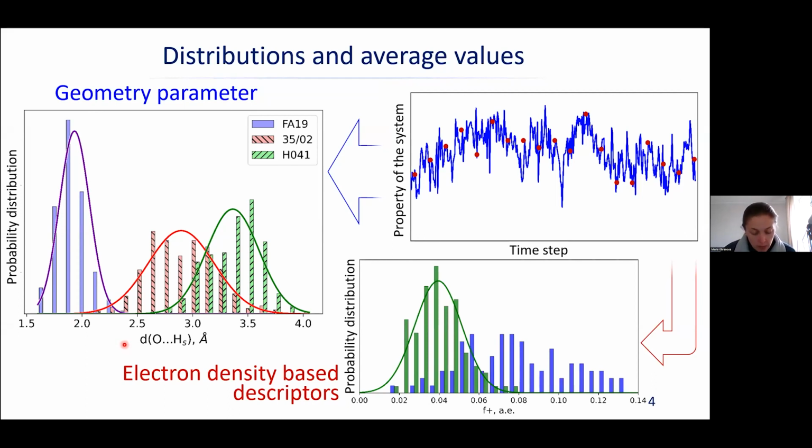Or, as we perform QM/MM simulations, at each MD step we obtain the wave function, and we can calculate electron density and descriptors that are based on this electron density, and also obtain some distributions of these values. Therefore, we move from the single structure to the set of structures with the distributed parameters.